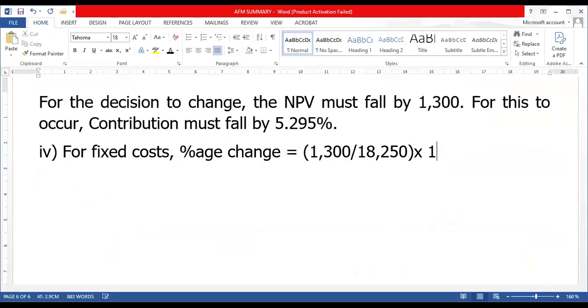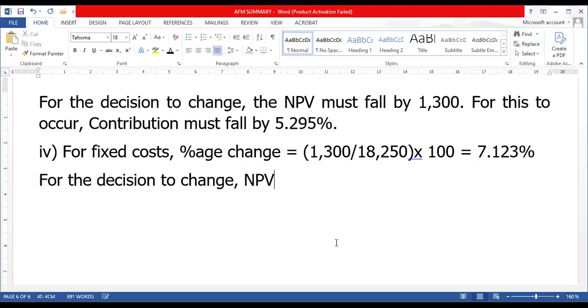Put some speed. It's 7.123. Perfect. Then for the decision, the NPV must fall. This one will remain constant. You will use must rise or must increase if the initial NPV was negative.